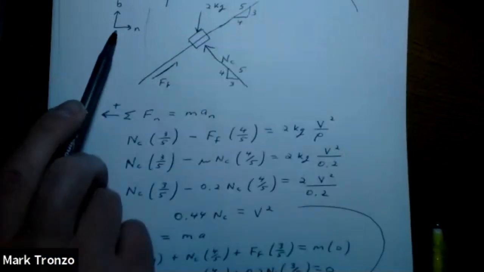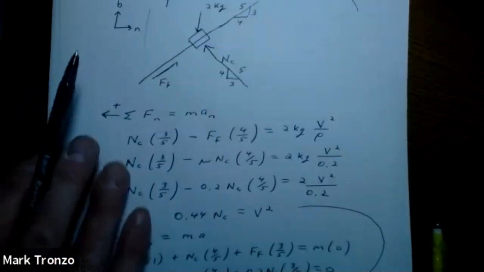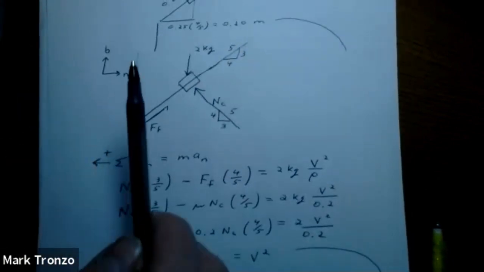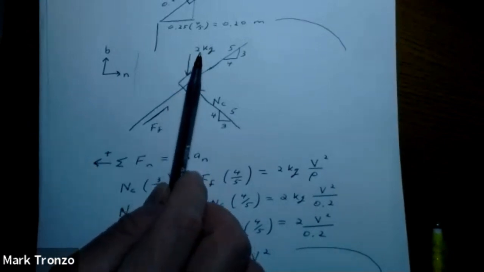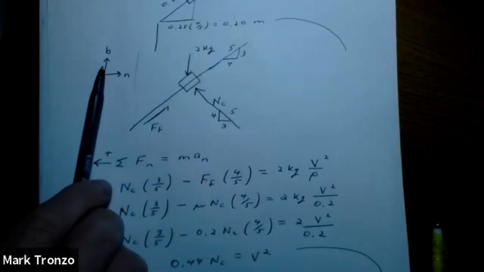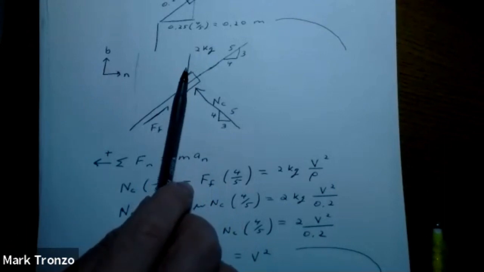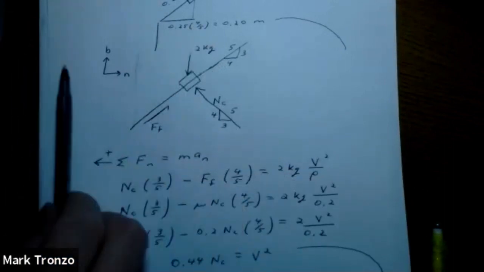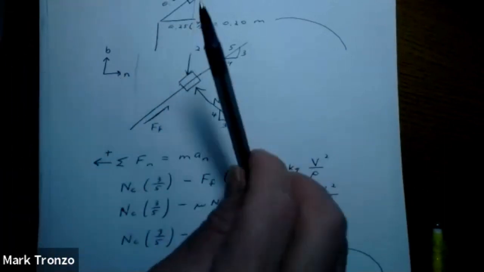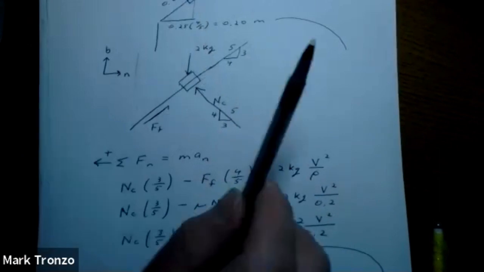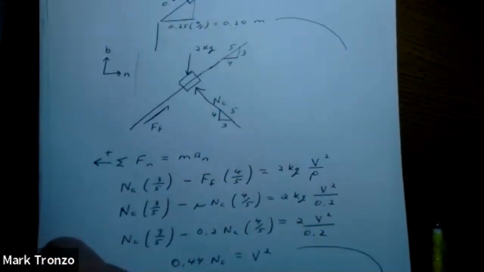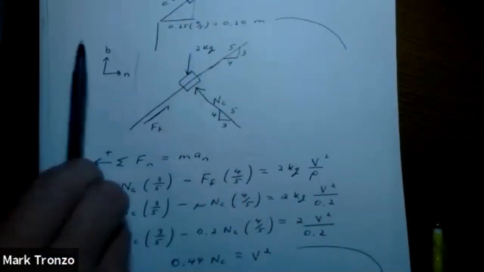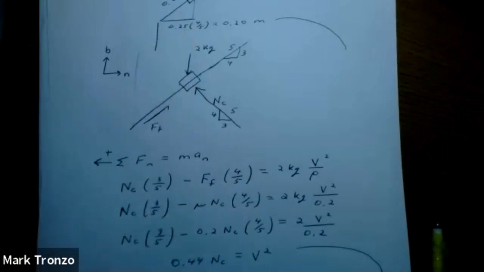The reason this way is maybe a little more natural is because it's actually rotating about this center like this. In other words, it's not really rotating this way, but it's actually rotating this way. You could also do it the other way, but because of the way it's rotating, this might be a little more natural. Any other questions on that?